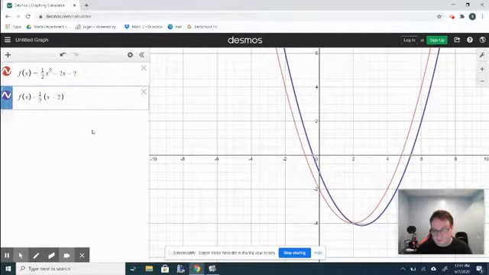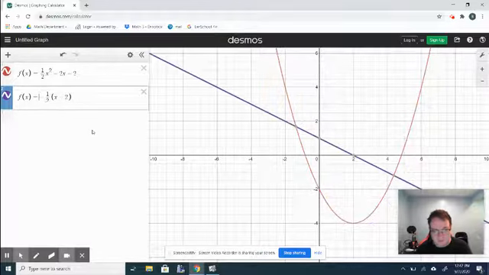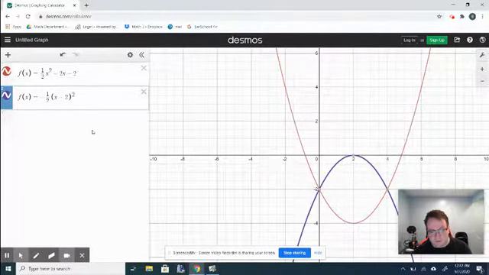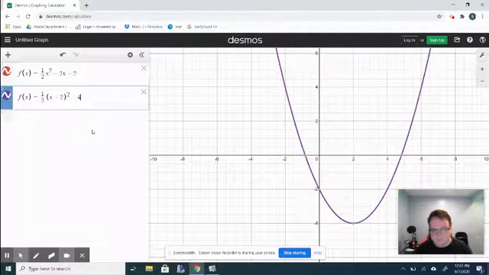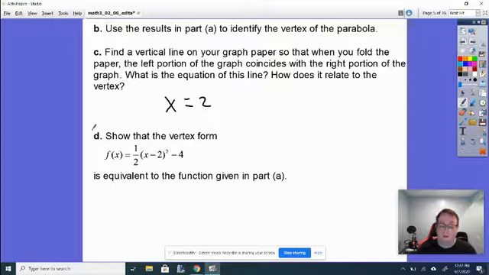That's already pretty close. Oops, that's why. There, now it's not very close. But when I add the squared, it should be reasonably close. It just needs to move down a little bit, so minus 4. Okay, and what we find is that it is the same spot.